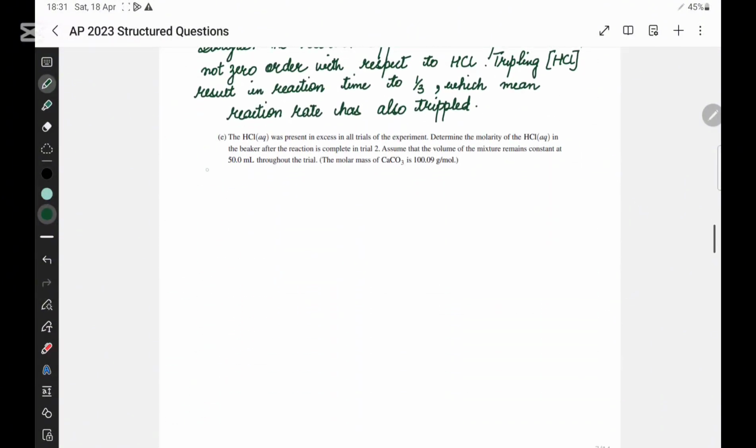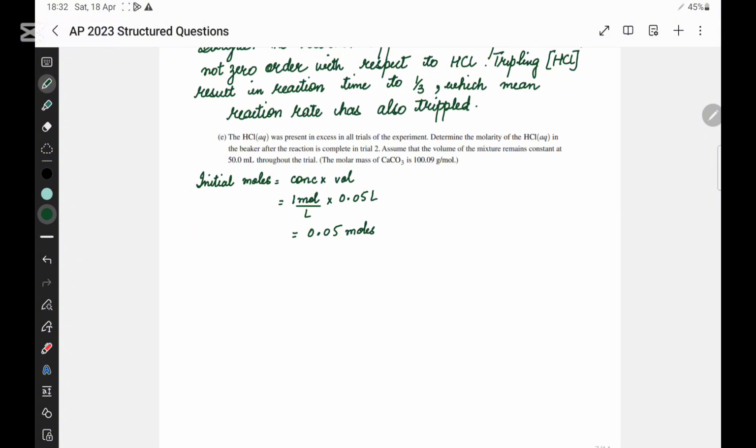So if we want to calculate initial moles, that comes out to be concentration times volume. Concentration is 1 mole per liter and volume is 50 milliliters, so we can convert it into liter, 0.05 liter. So that comes out to be 0.05 moles. These are initial moles.